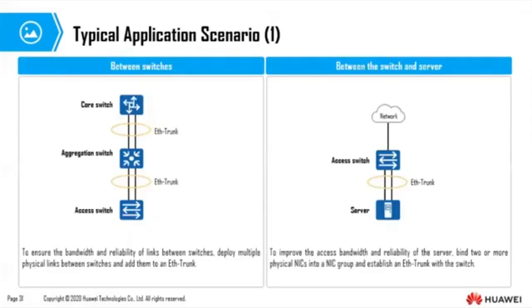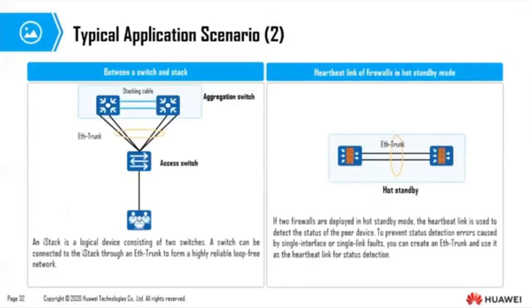Application scenario 2. Had I skipped this one, by the way? Okay, I think I had skipped this one. So we can also bundle up links into a single logical link between switches, between a switch and a stack. Look at this.